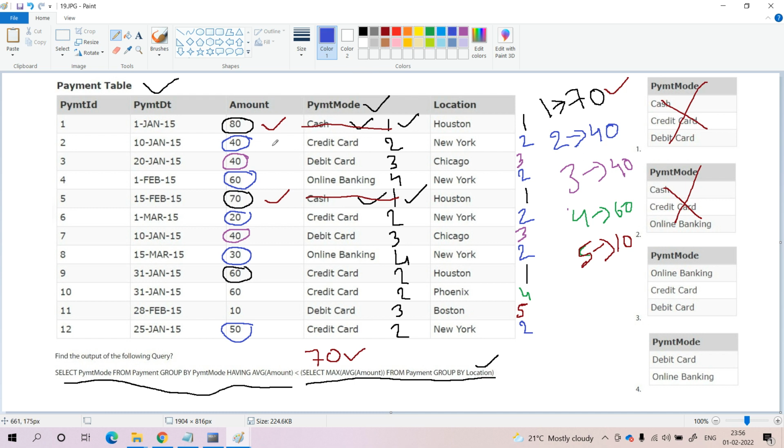For the second group, let me take another color. The second group related amounts are 40, 20, 60, 60, 50. So the second group is occurring 1, 2, 3, 4, 5 times.